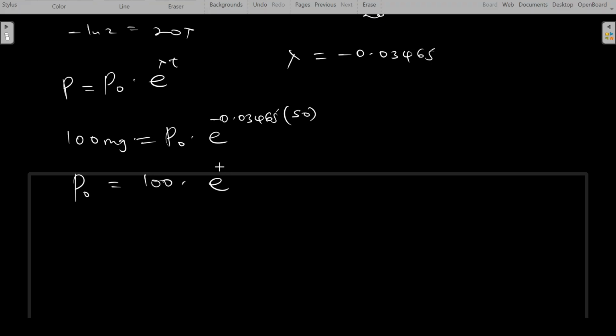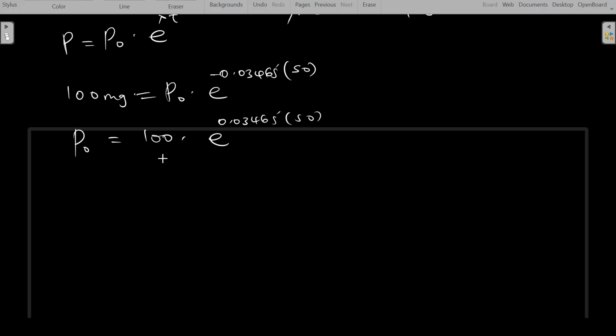So for me to get my P0, I should get 100 multiplied by e raised to 0.03465 multiplied by 50. Okay, why have I written positive? Because if I take this to the other side, it's simply division, so I can divide by e raised to negative, which I can take back and multiply by the positive side.